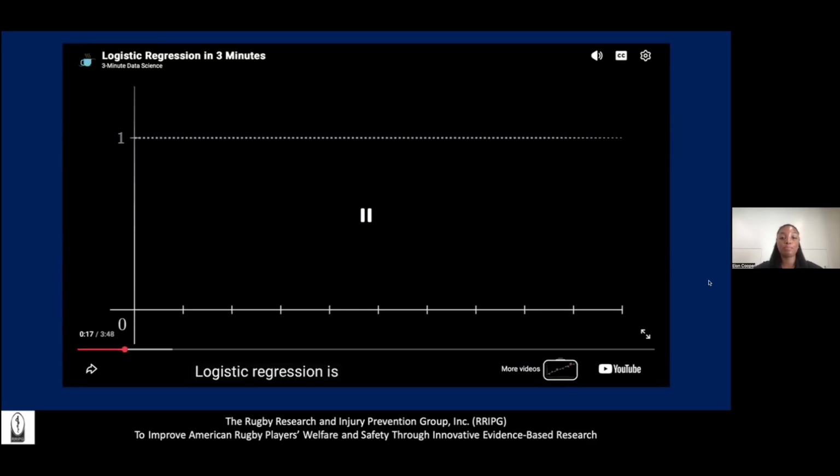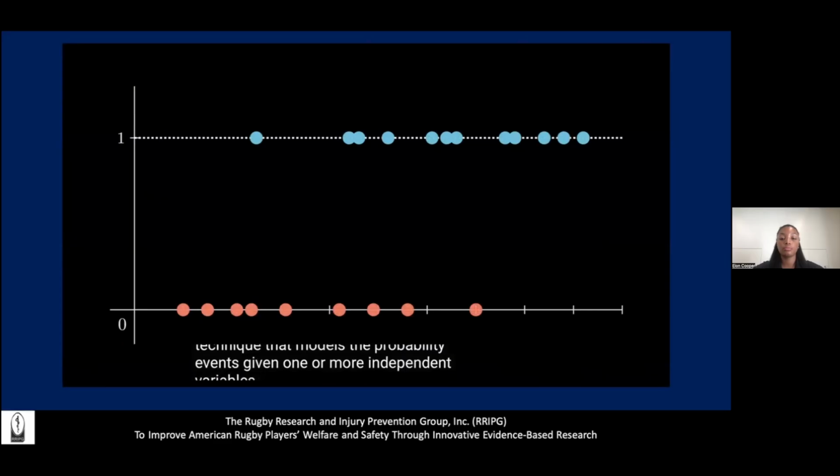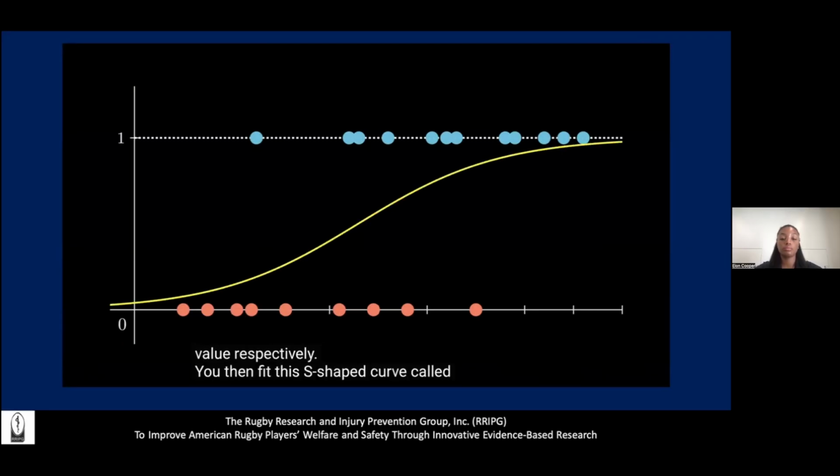Logistic regression is a statistical technique that models the probability of events given one or more independent variables. You'll start with input data that is of any numeric type, but the output variable will be binary. It'll be 0 or 1, indicating a false or a true value, respectively. You then fit this S-shaped curve called the logistic function to this data.